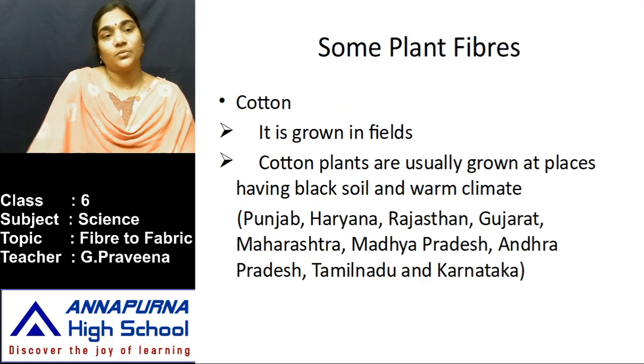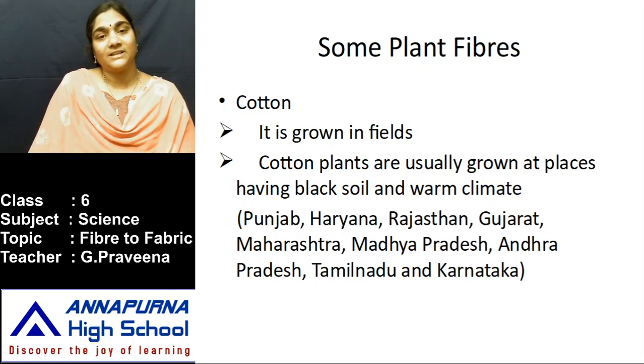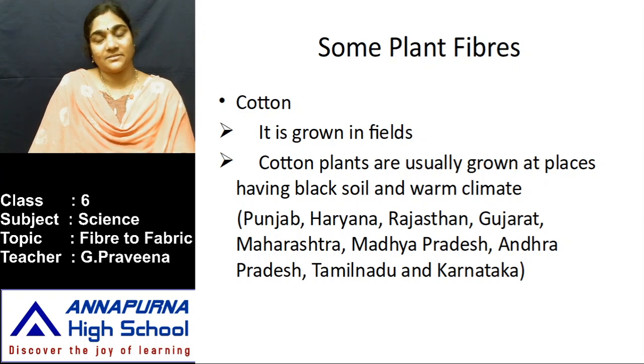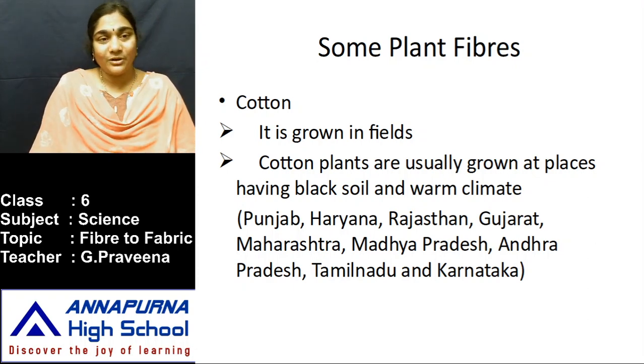Now let us discuss the common fibers obtained from plants. The most commonly seen is the fiber obtained from the cotton plant. Children, have you ever visited a field of cotton?